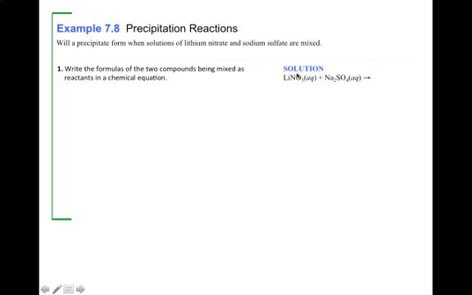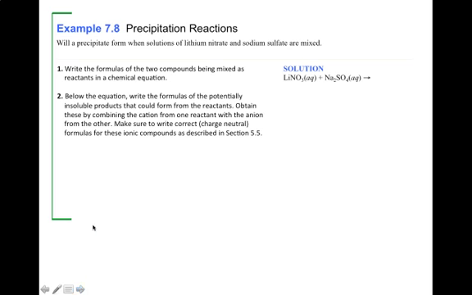Remember, you must be able to write formulas for compounds. Okay? Below the equation, write the formulas of the potentially insoluble products that could form from the reactants. So if we decide these swapped partners, if lithium went with sulfate and sodium went with nitrate, would a product form?